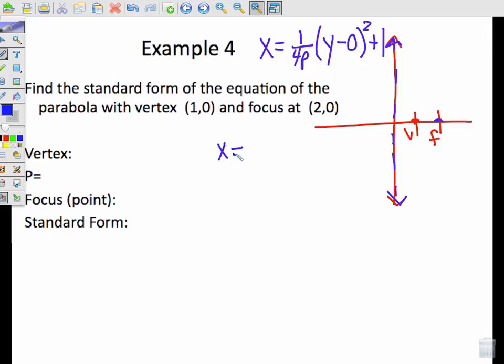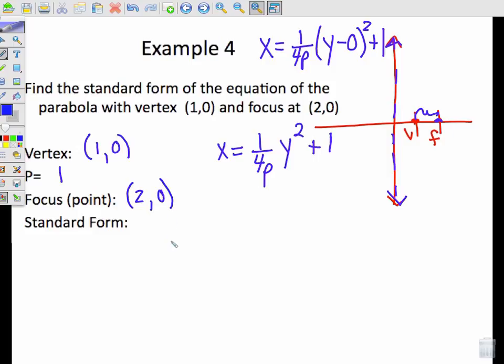So here's what I've got so far. X equals 1 over 4p y squared plus 1. All right, my vertex here, 1, 0. But what's my p-value? Well, the p-value, again, is how far away the focus is. So it's just 1. P is 1. The focus point is at 2, 0.